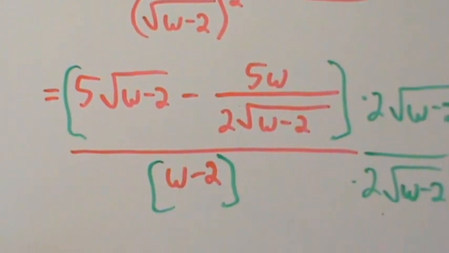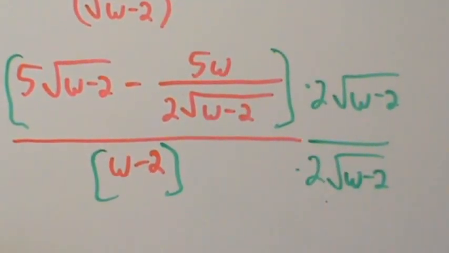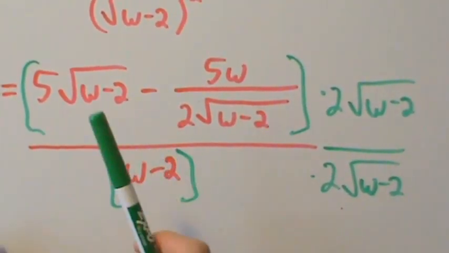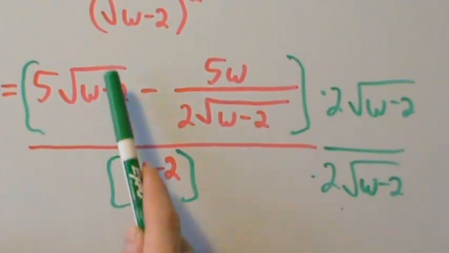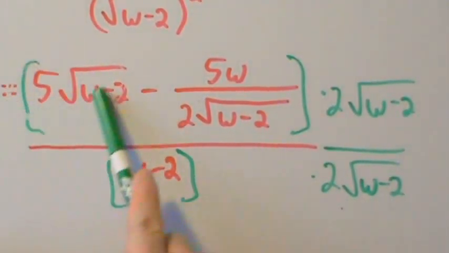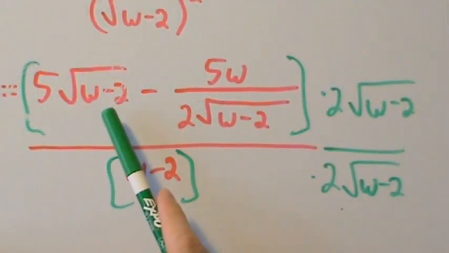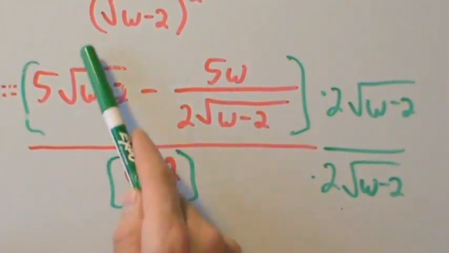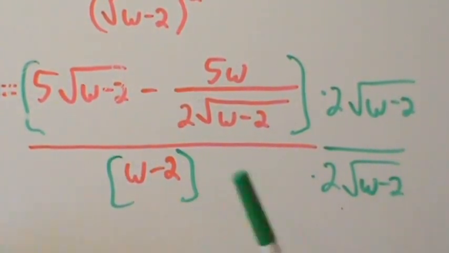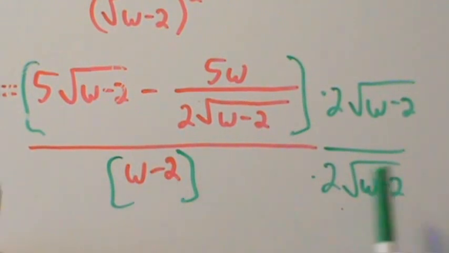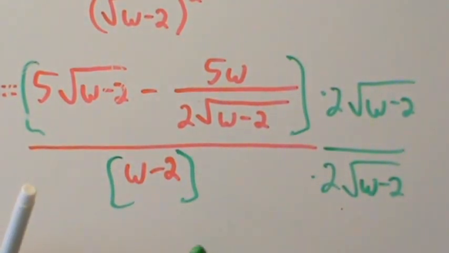But for me anyway, it's a little bit easier to think of it like this. It might be for you, or you might prefer the common denominator method, in which case you take just this guy, and multiply it by 2 root w minus 2 divided by 2 root w minus 2. And you'll eventually get the same thing, but I just think this gets you there a little bit quicker. But anyway, multiply the top and the bottom by the same thing and you're good.